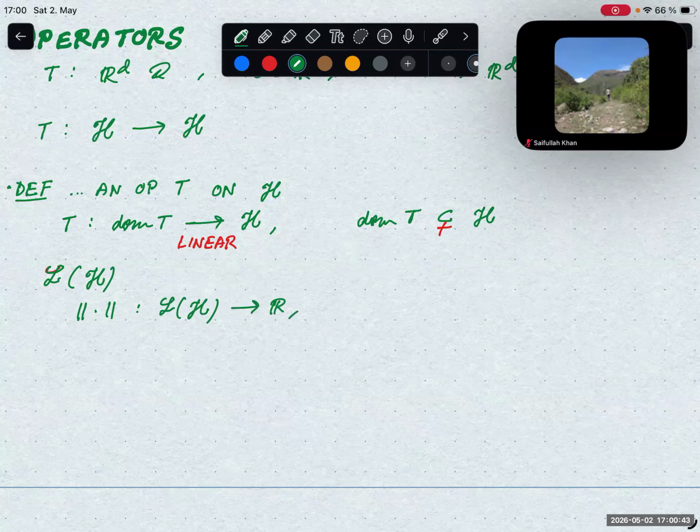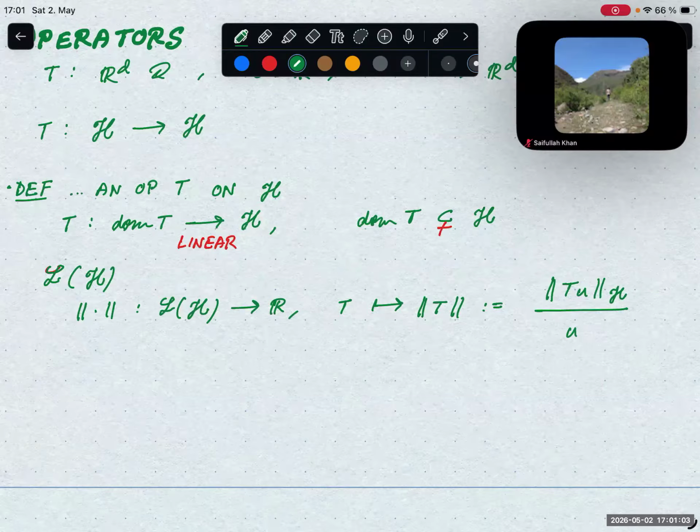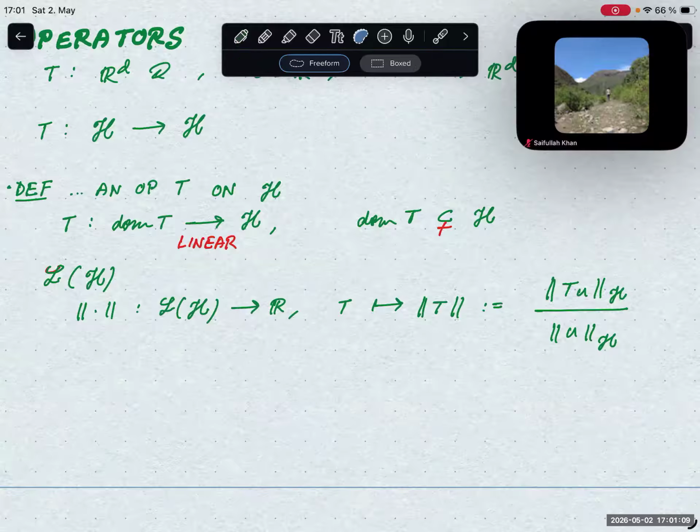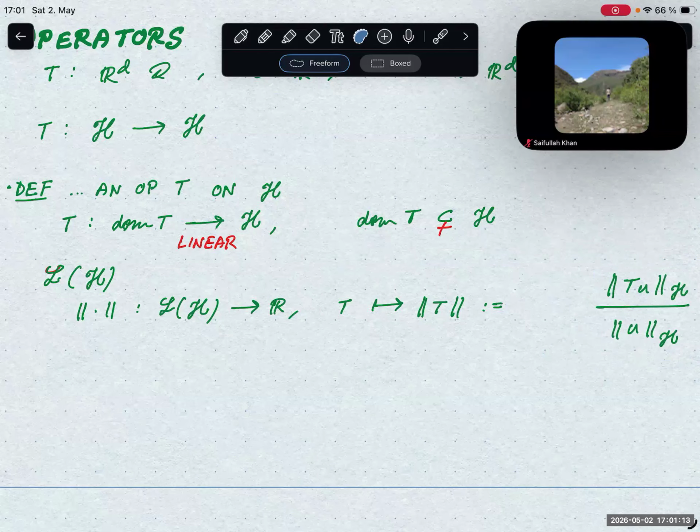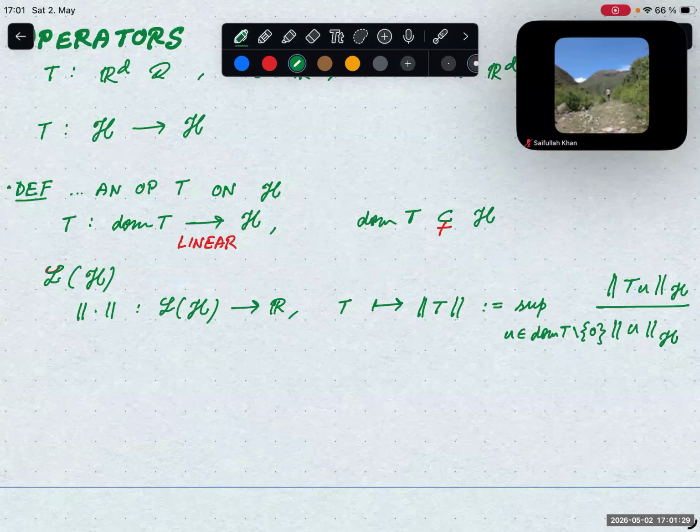How do we do that? You take an operator T, you map u, you take the norm of Tu in the Hilbert space, and divide by the norm of u, provided this is non-zero, and take the supremum over u in the domain of T, making sure u is not zero. This is the operator norm.